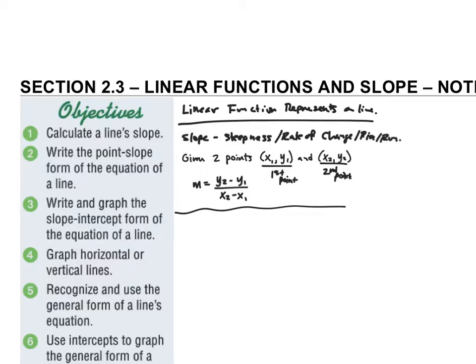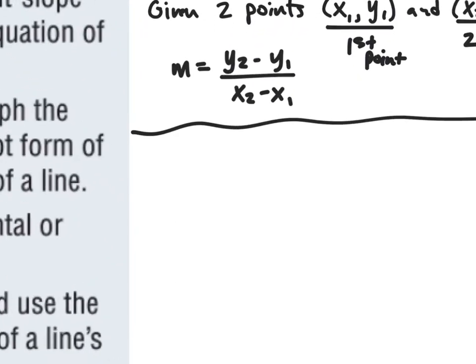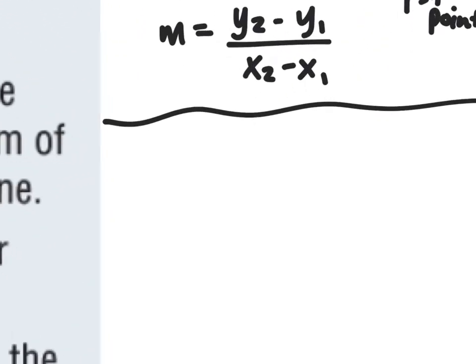The next thing that we want to do is calculate the slope, but we also want to be able to write equations in point slope form and slope intercept form of a graph. So let's talk about point slope form.